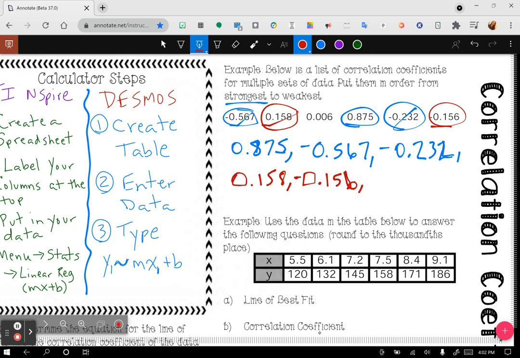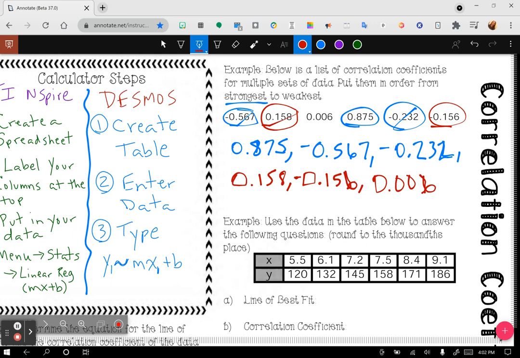And then the weakest one is going to be 0.006. My pen does not want to work for me today. Okay, so that's listed from strongest to weakest.